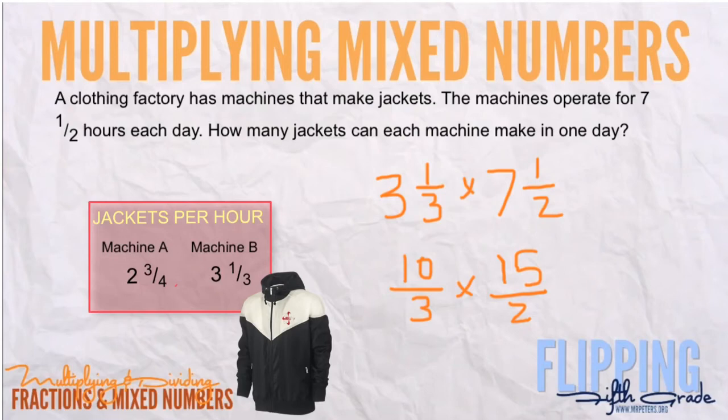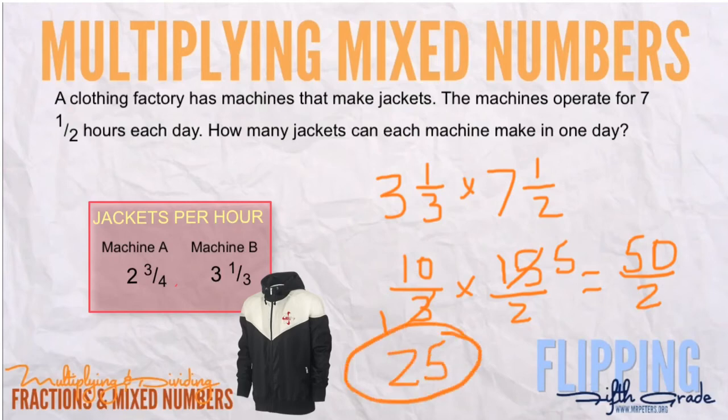Alright, so 3 divided by 3 is 1, and 15 divided by 3 is 5. This will help limit time later. So 10 times 5 is 50, and 1 times 2 is 2. Then we're taking 50 divided by 2. So we have 25 jackets for machine B. So again, machine A was 20 5/8, and machine B was 25 jackets.